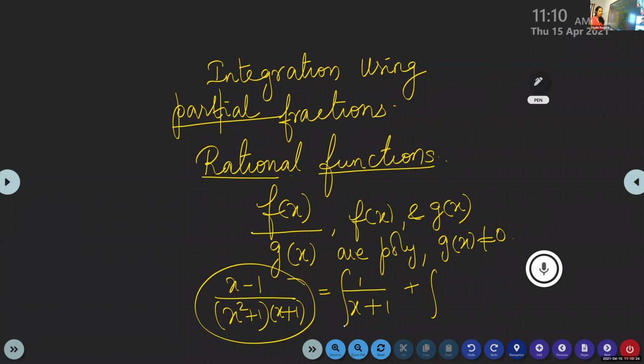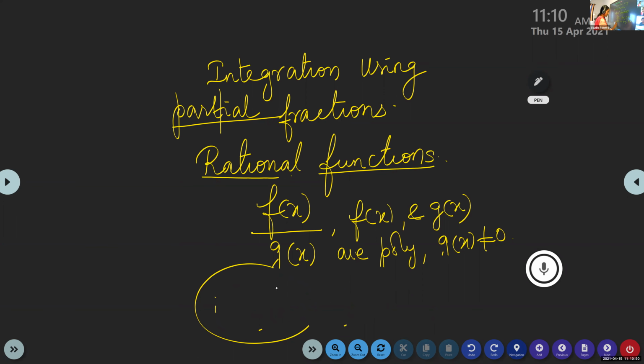You'll be given a single rational function, and by these methods we are going to make it into simpler parts and then integrate. So we call this method integration by partial fractions. We are making it into parts in the fractional form, and then we are going to integrate it.